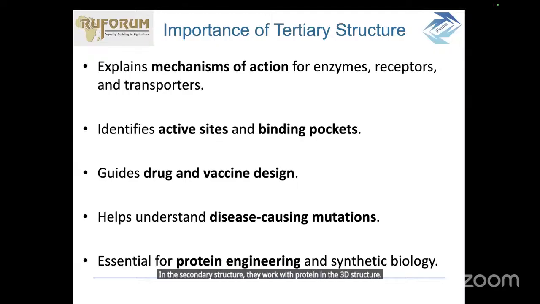Also, 3D structure will help you to determine the cause of disease, for example, in mutation. So if a protein is mutated, for example, yesterday when we were talking about translation, you have to have the 3-base codons to determine what specific amino acid has to be added.